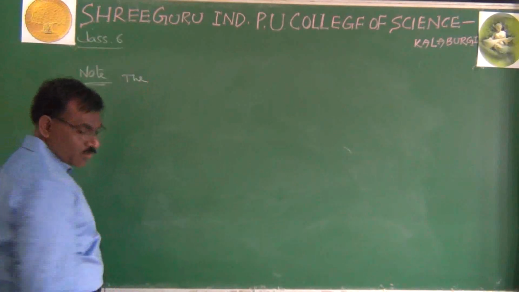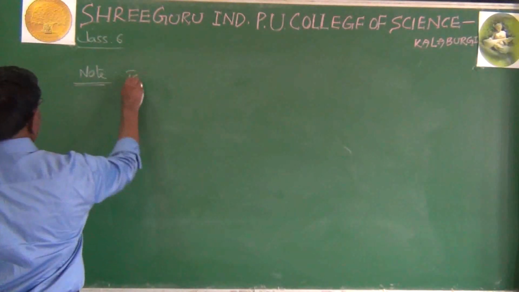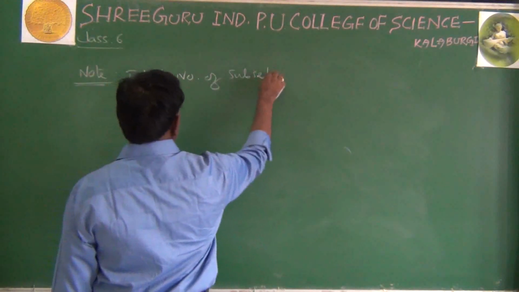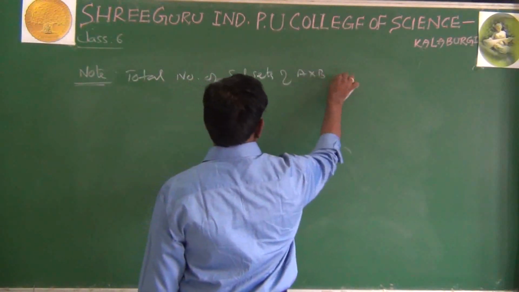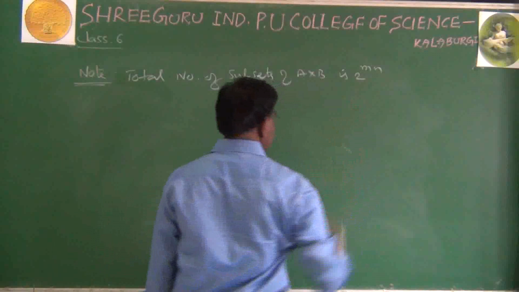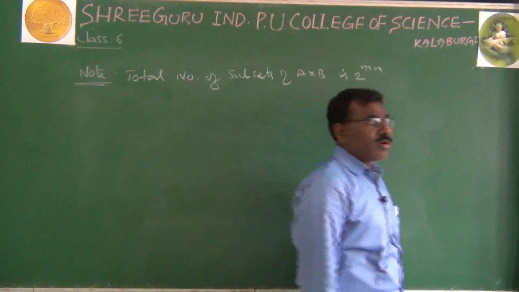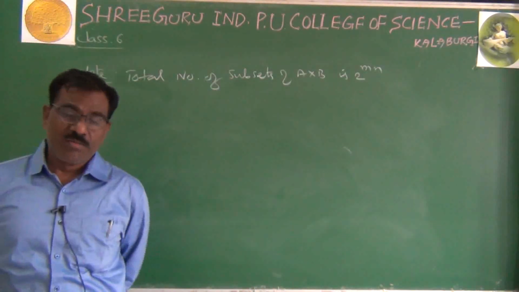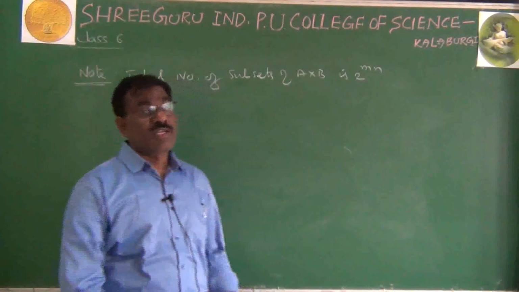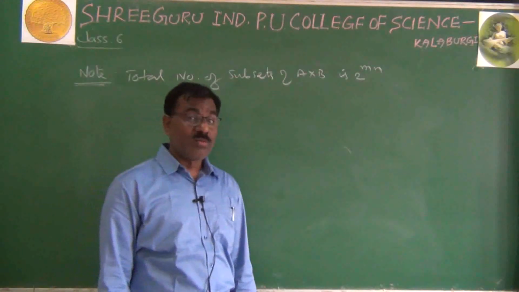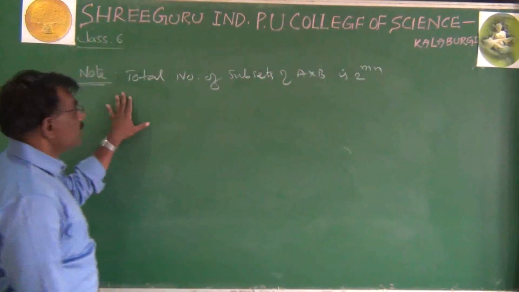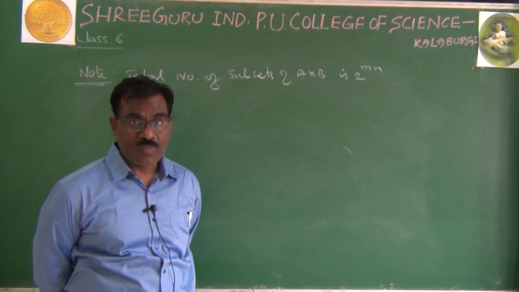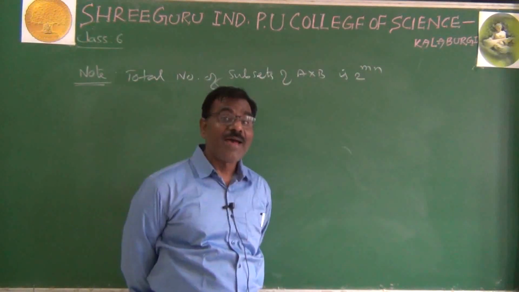The total number of subsets of A cross B is 2 to the power mn.